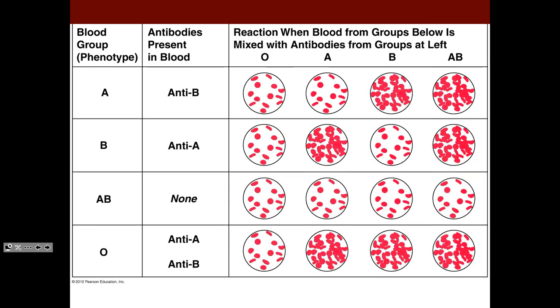It's weird. Okay. I always put this up here because people always ask. I'm not ever going to ask you to know this, but the reason that you can only have certain types of blood mixed together is because of antibodies produced in the blood. Individuals who are type A produce an antibody to type B. People who are type B produce an antibody to type A. AB doesn't produce any antibodies, and O produces both.